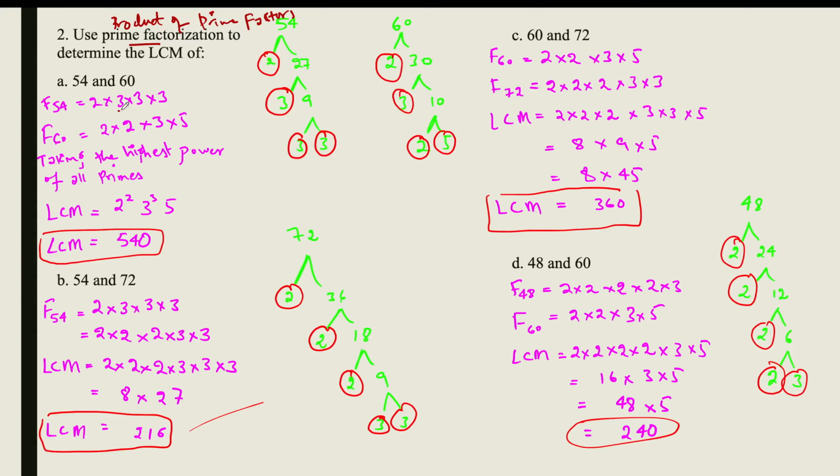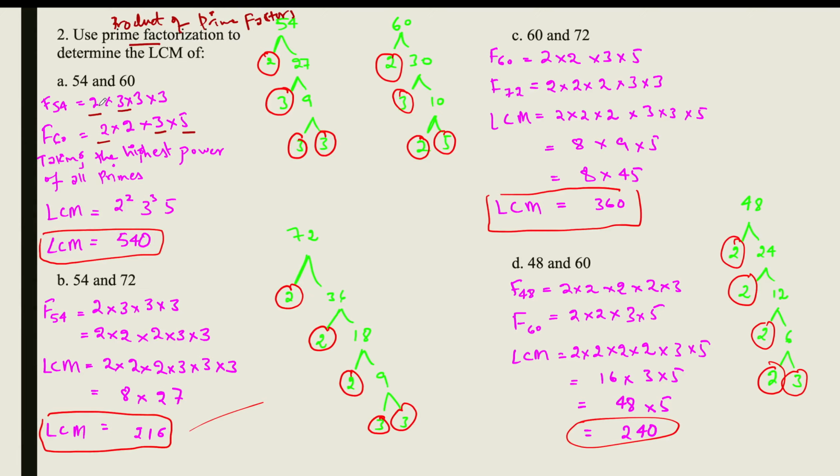we are having 3 as a factor here and 3 as a factor in 60 as well. We have 2 as a factor in 54 and we have 2 as a factor in 60 as well. We have 5 as a factor in 60 but not in 54. So 54 has the highest power of 3, so it would be 3 raised to the power of 3.